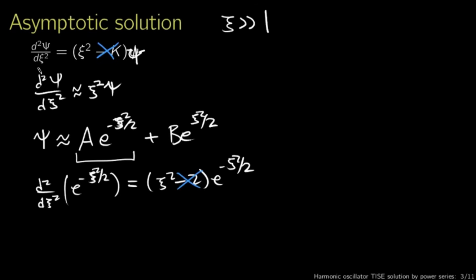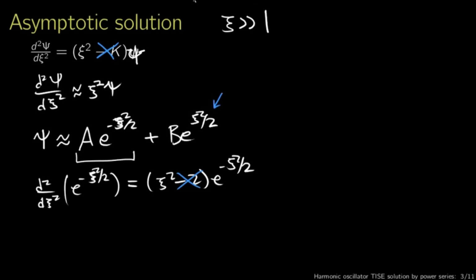This is useful in a couple of ways. First of all, there will be large values of xi. Unlike the case of the infinite square well, there's no sound reason for believing that the wave function will go to 0 for large values of xi. It's certainly not required by the laws of physics. It is, however, required by the laws of mathematics. In order to have a normalizable wave function, this asymptotic behavior can't have the growing term in it.